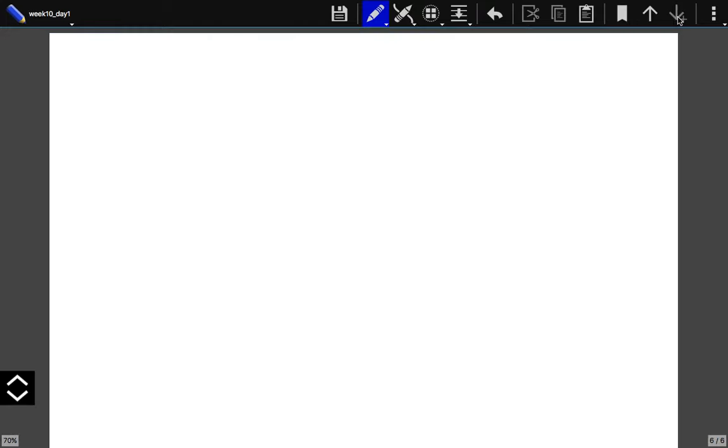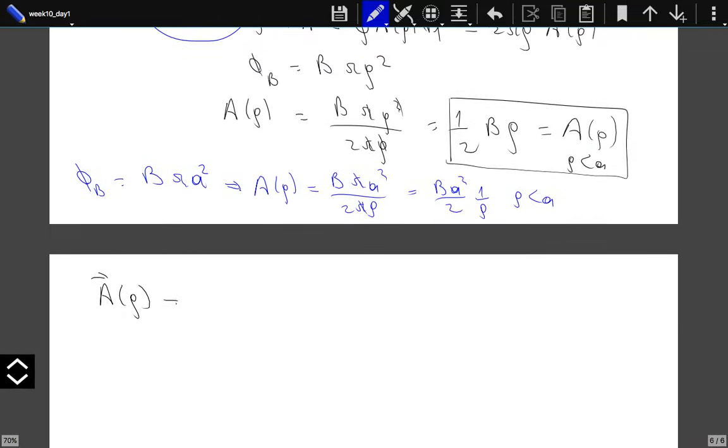And hence, in the region that I am interested in, A of rho is equal to B a squared over 2 times 1 over rho in the phi hat direction.